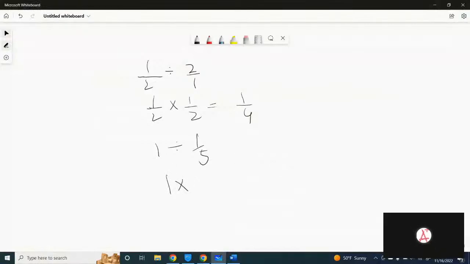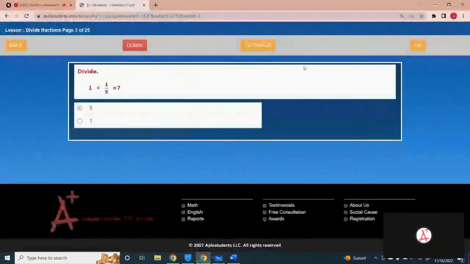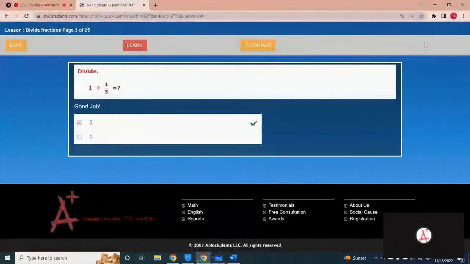So it would be 5 over 1. Got it? Just do numerator times numerator and it would be 5. Yes, very good. Yes, it is 5. Just select the correct option and click on the OK button.